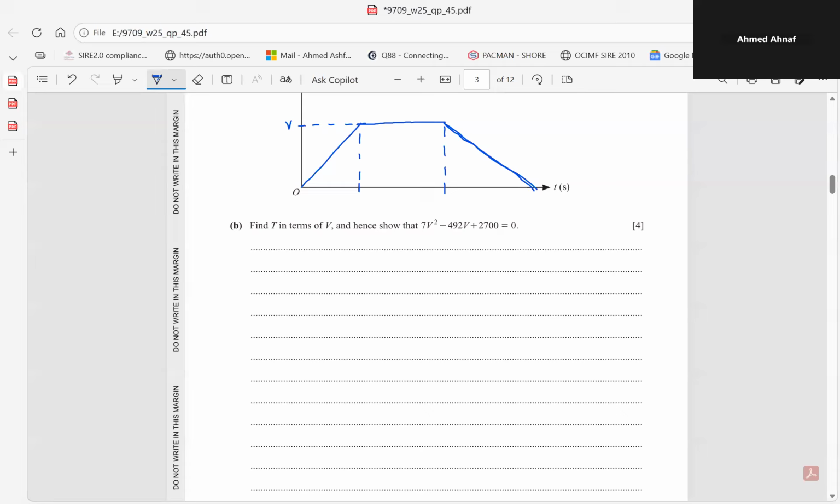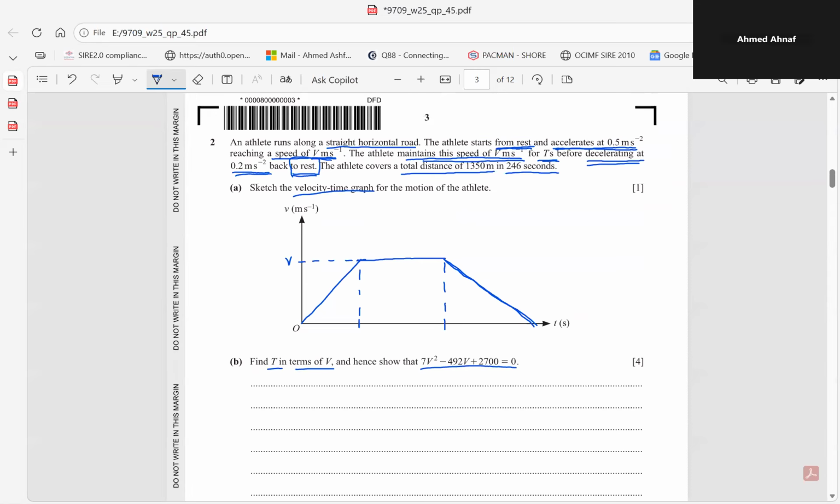Okay, so for this second part, we are told to find t in terms of v, and we have to show that this equation is valid. Let's see what clues we can gather. First clue is obviously the total distance and the total time taken.